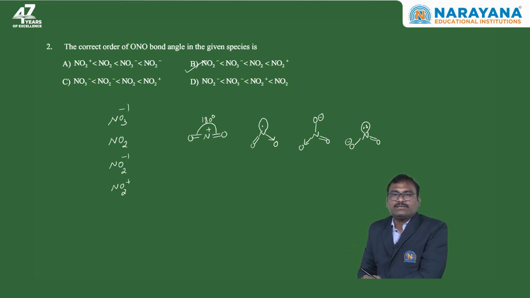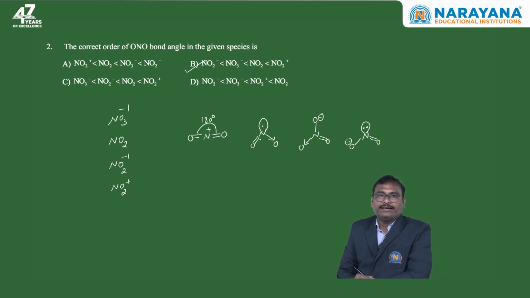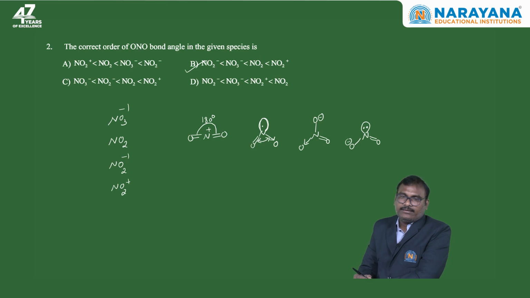So if you observe the structures and geometries, NO2 plus bond angle is 180 degrees, it is angular, okay, it is like sp2 trigonal planar, and the bond angle should be 120, but due to the presence of an unpaired electron, it has a single electron, the single electron repulsions are lesser than bond pair repulsions. That's why the bond angle is more than the expected.